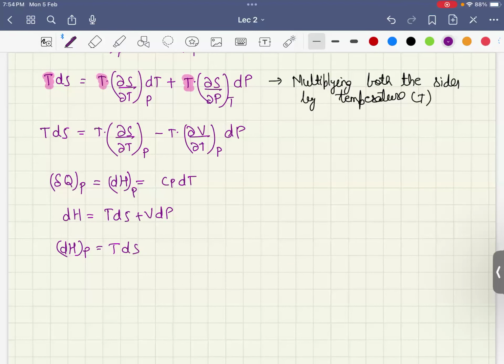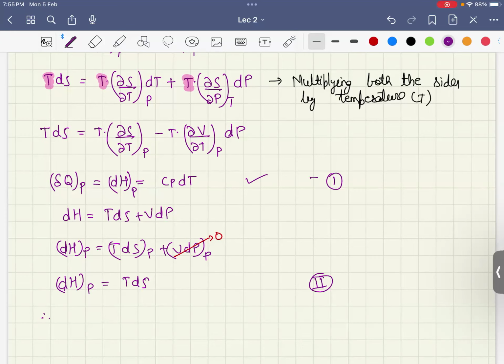TdS at constant pressure plus VdP at constant pressure. Now what is VdP at constant pressure? This is 0. That means dH at constant pressure is TdS, right? But this is also equal to this. Let us assume this is 1 and this is 2. Therefore, we can say that dQ at constant pressure is nothing but dH at constant pressure, Cp dT, which is equal to TdS.